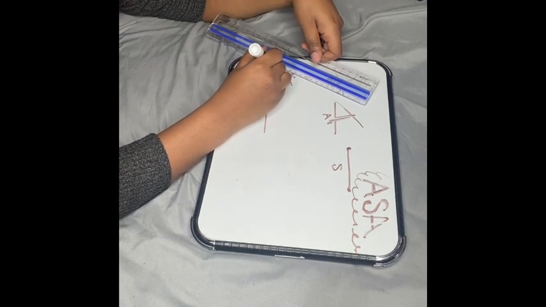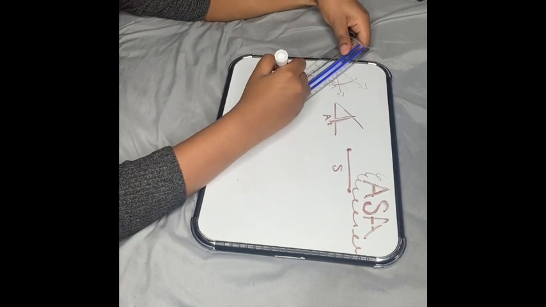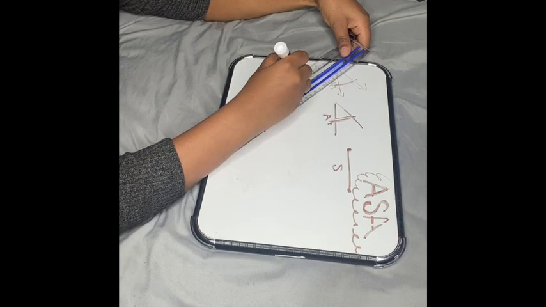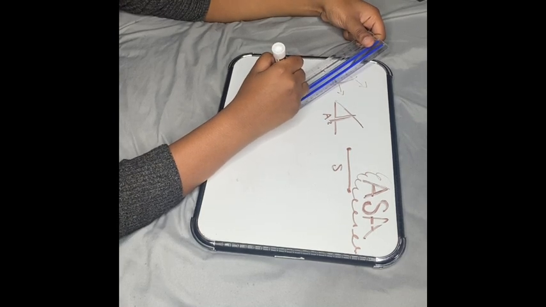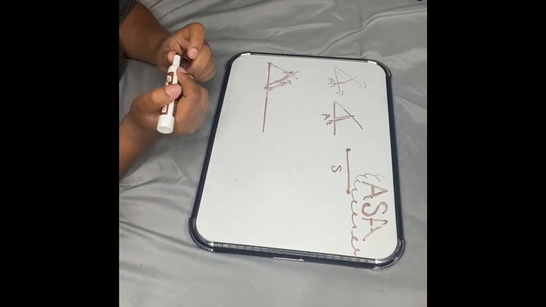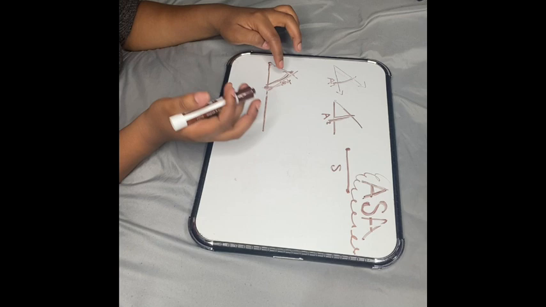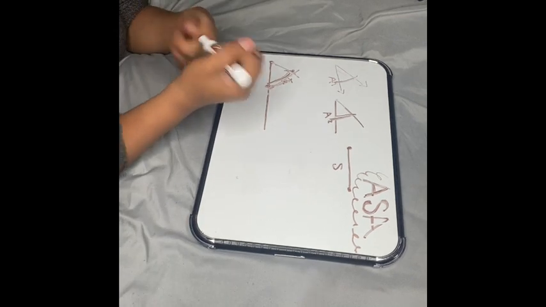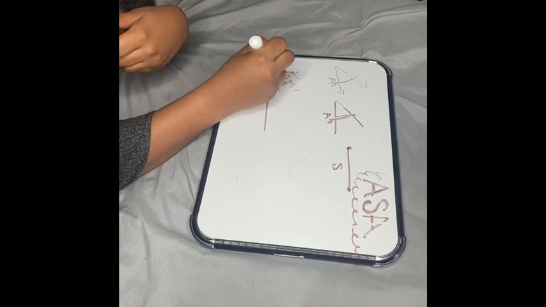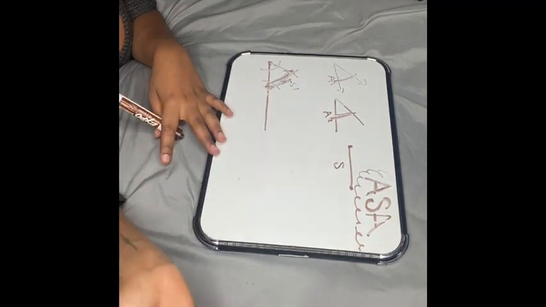So we have 1, this was down. So then we have our triangle right here. And that is what our angle, side, angle is. With the side being in the middle of those angles.